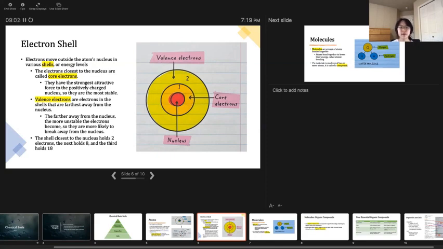Going back to my solar system example, for planets or asteroids farthest away from the sun, the force of gravity is not as strong on them, so they're more likely to fly off into space than a planet close to the sun like Earth. It will always stay close to the sun because the force of gravity is simply stronger.